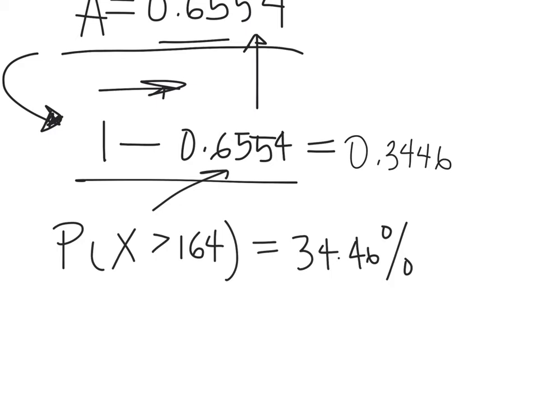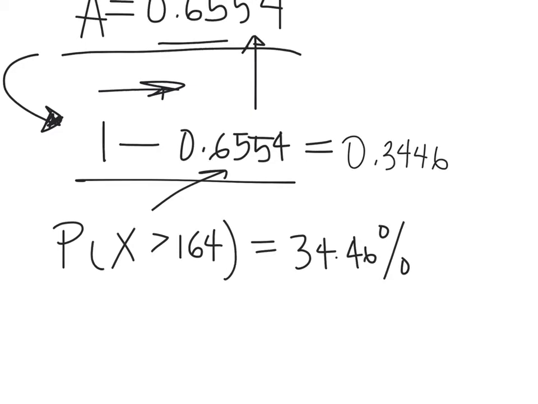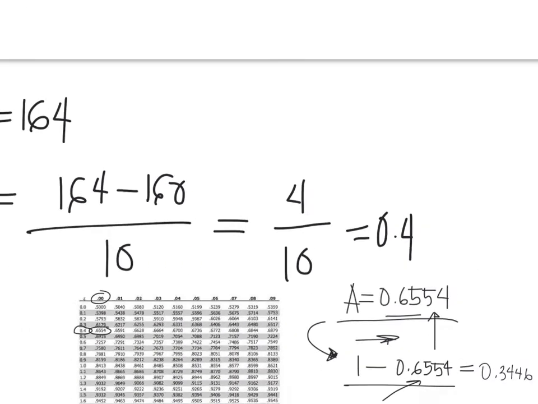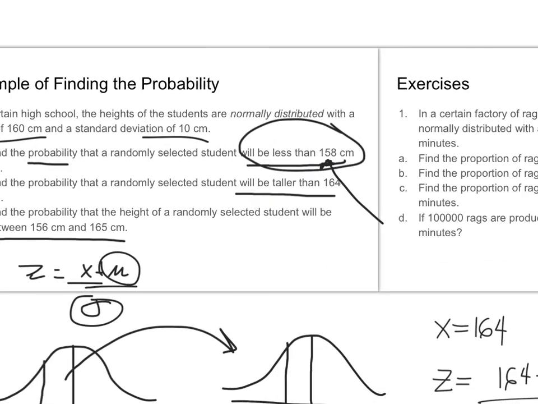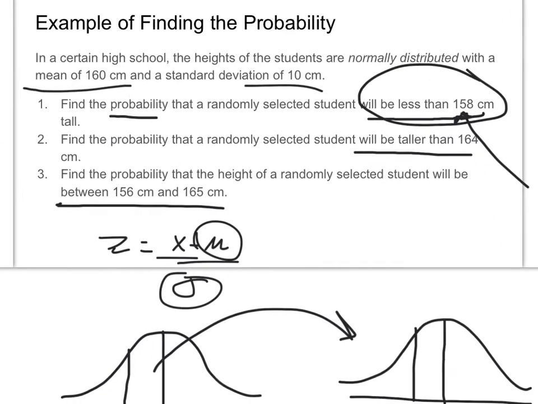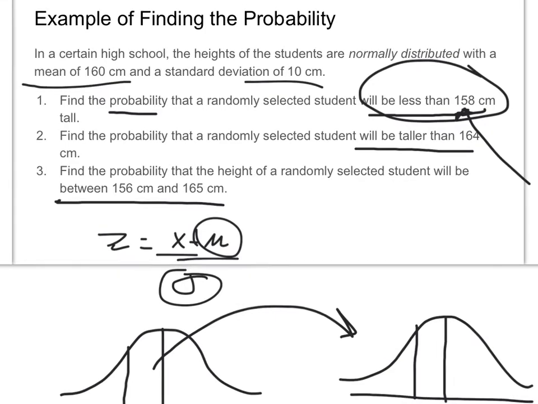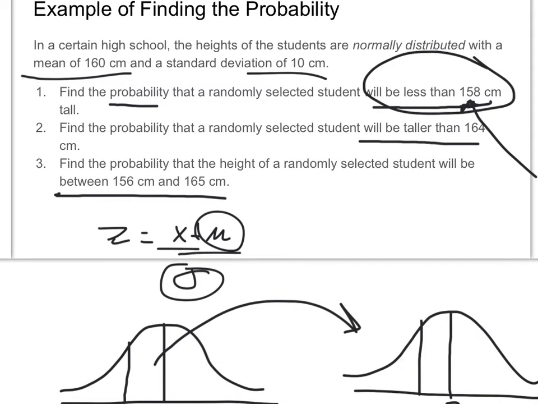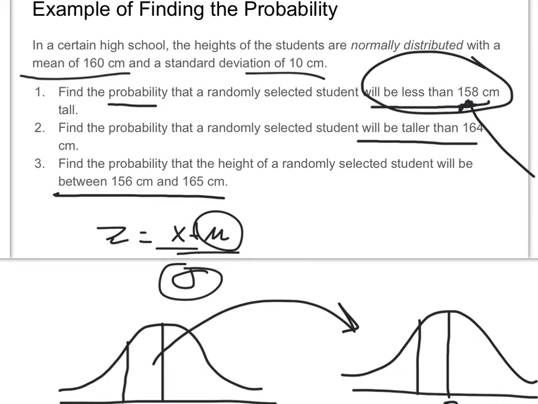Okay, finally, we look at the last task, which is finding the probability that the student will have a height in between two given values, 156 and 165.